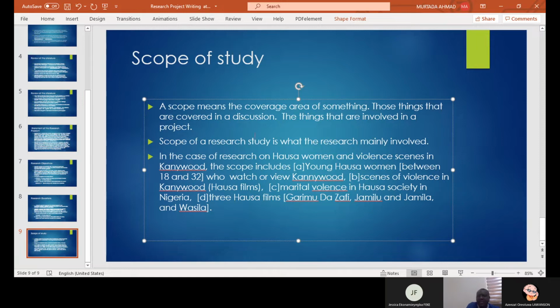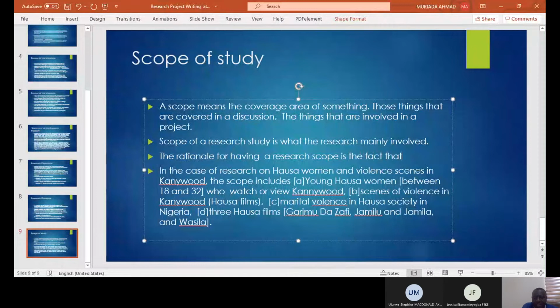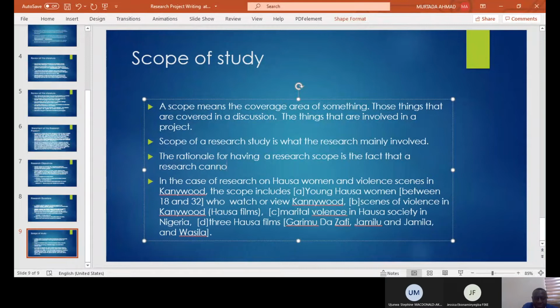The rationale for having a research or study scope is the fact that a research cannot cover everything about something. So your research cannot cover everything about violence.